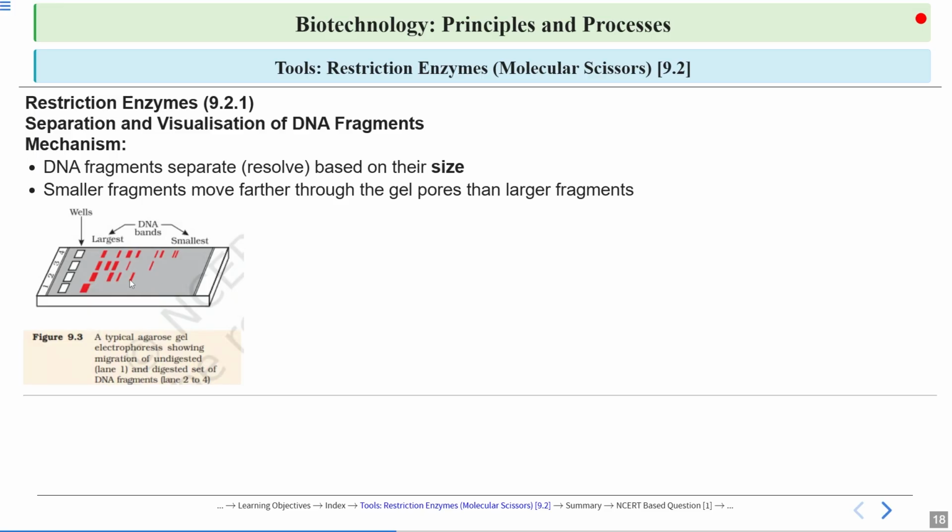Smaller fragments move fast, whereas, as you can see here, the bigger, larger fragments take time to move ahead. So this is how agarose gel electrophoresis works. Because of the sieving effect, this size-based separation, we can use electrophoresis to separate DNA fragments.